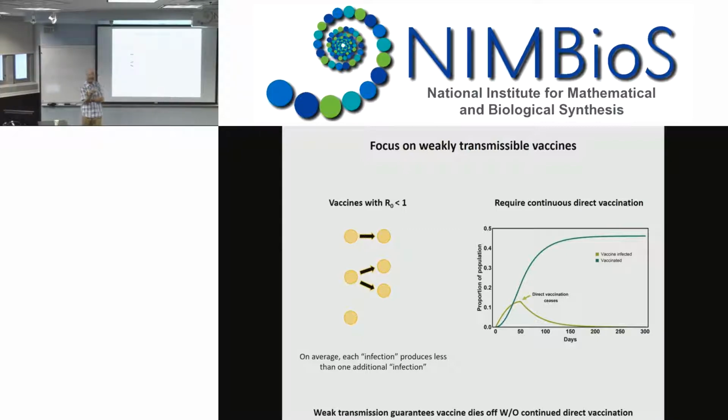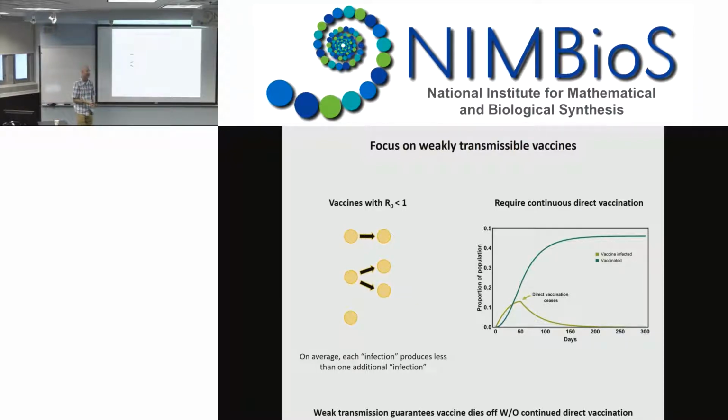What that means is that if we start, say here at time 0, and we're directly vaccinating individuals with the transmissible vaccine, it's going to spread rapidly through the population. So the proportion infected with the vaccine is going to increase rapidly, both because of direct vaccination and because they're transmitting. But with a weakly transmissible vaccine, we have the ability to say at this time point, well, we've vaccinated a sufficient amount of the population, so let's stop vaccinating directly. And because the R naught is less than 1, in principle, that vaccine should then die out. So you maintain some kind of control over the fate of the vaccine.